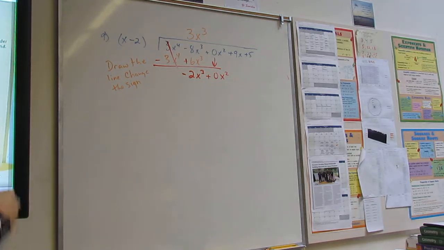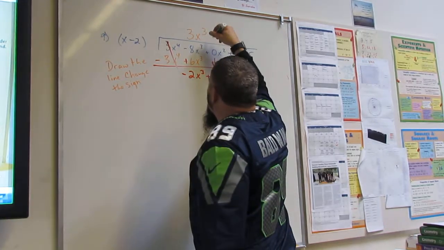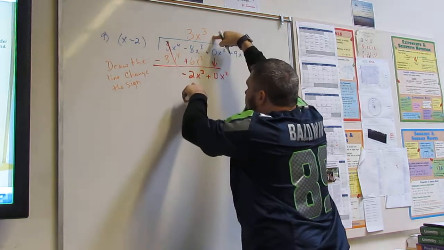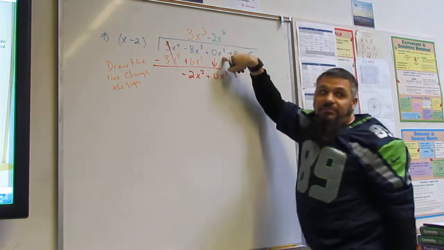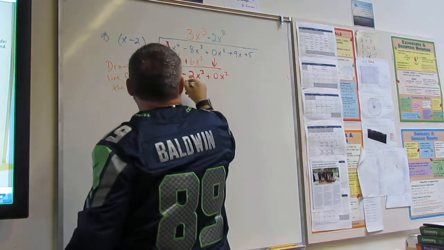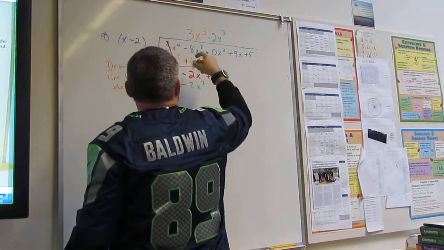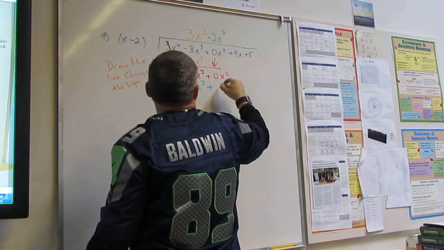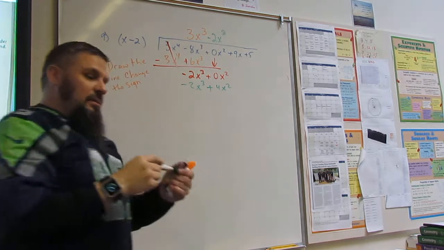Alright, what times x is negative 2x cubed? X. What times x is negative 2x squared? See how it's in the x squared column? Then I multiply it, and I get negative 2x cubed, right? And positive 4x squared, right?